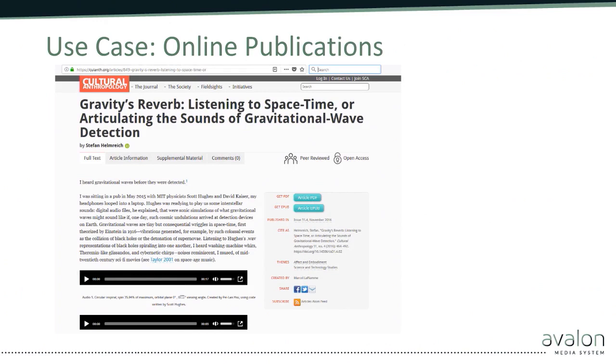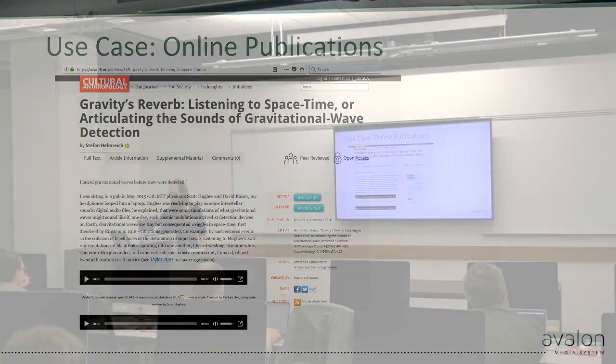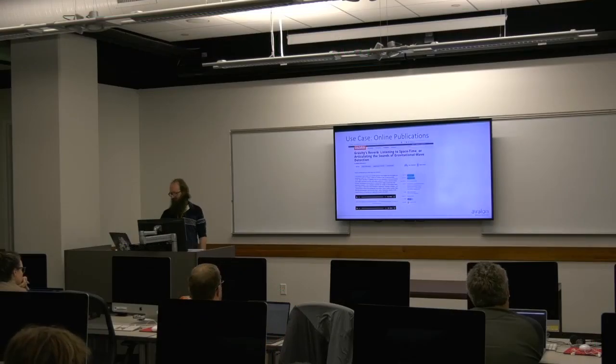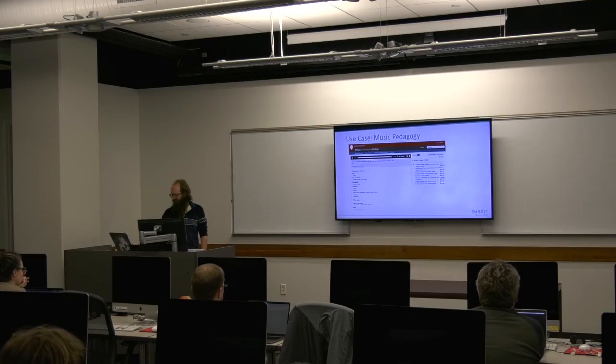Here's some Avalon players embedded within this online journal. So this is the context of the use cases where we're already using Avalon, and some of the ways that we want to, and that's feeding back into how we're designing our player and how we'll be using, and trying to use, IIIF for these contexts.